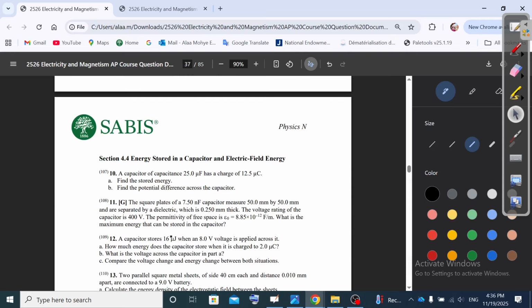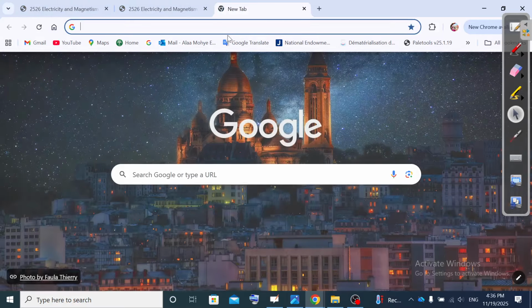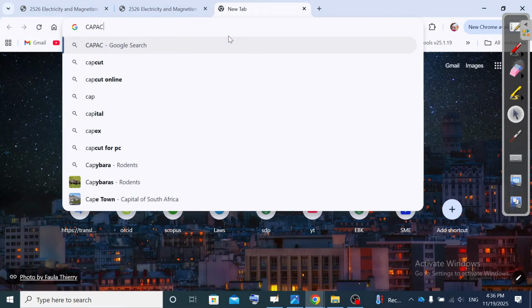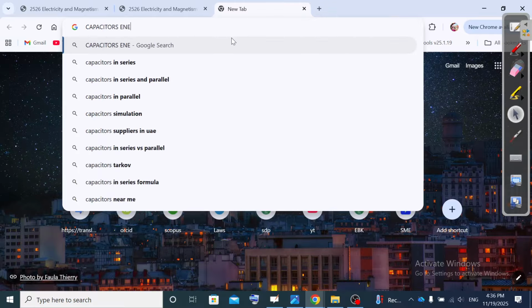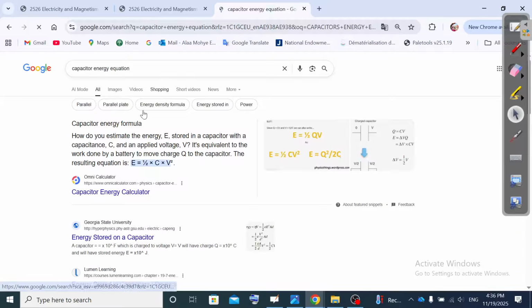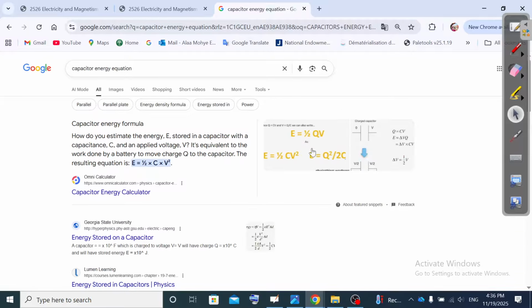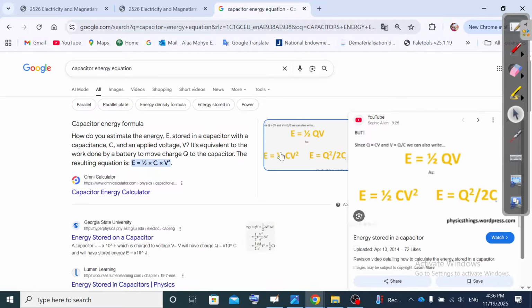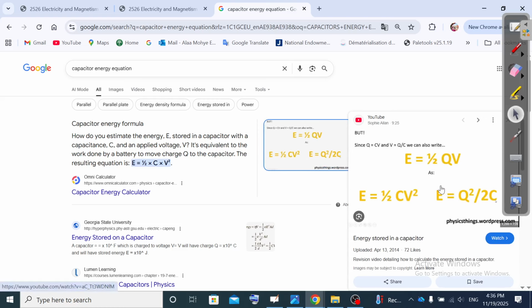What is the maximum energy stored? So obviously the capacitor energy equations. These are all of them: you'll have QV, CV squared, and Q squared over 2C.